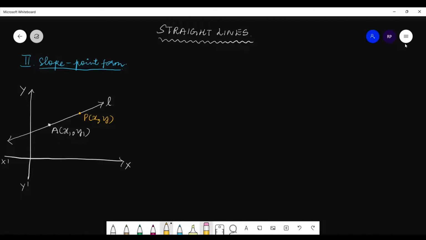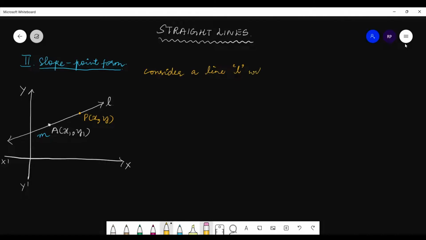So let us just write whatever we have constructed till now. We have considered a line L, and I forgot to tell a point. The slope of the line, let it be m. We just discussed previously, right?